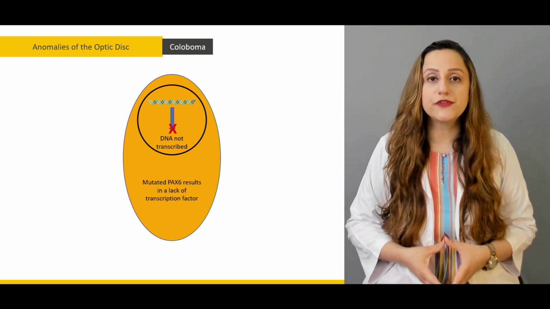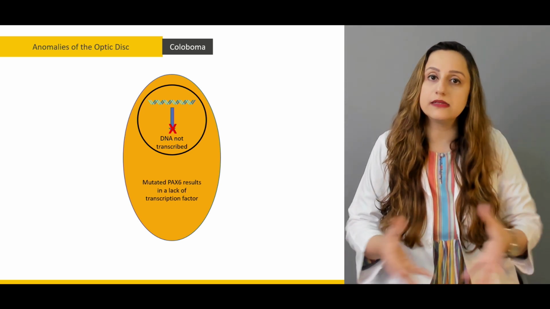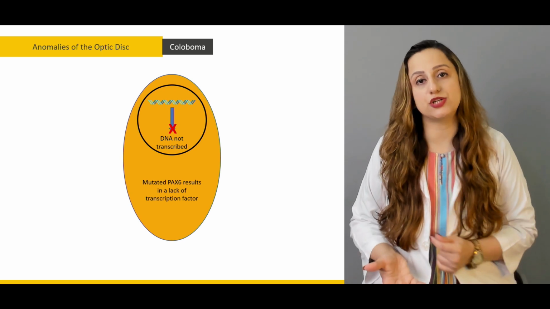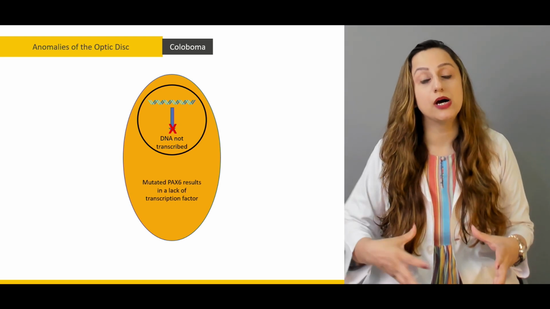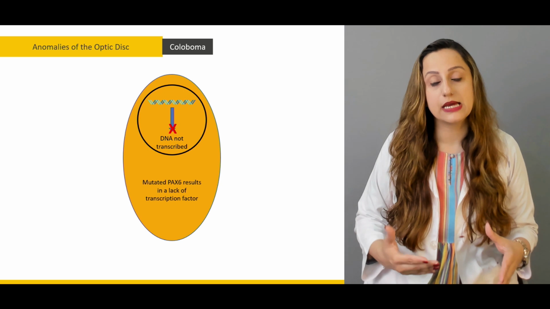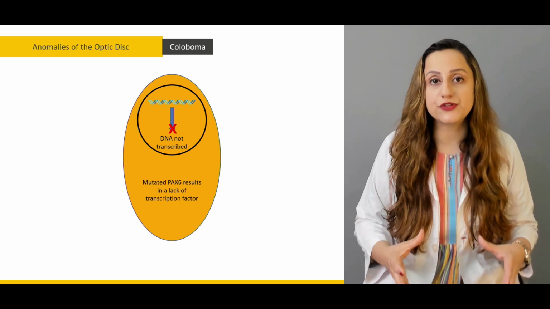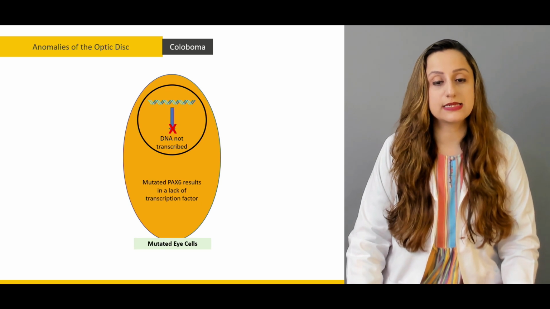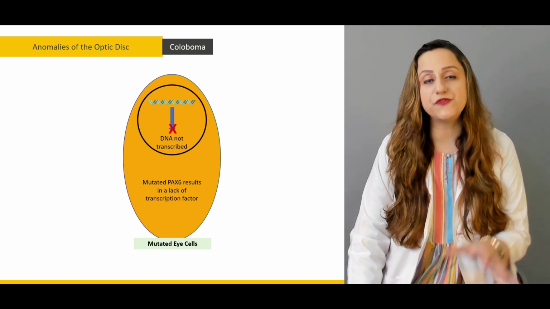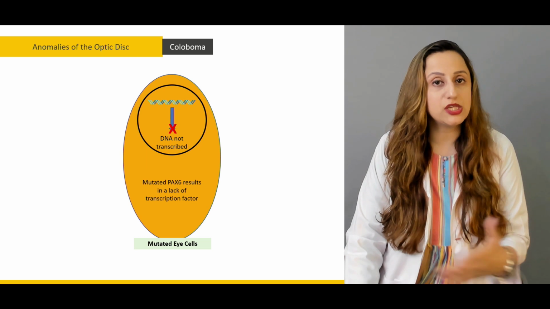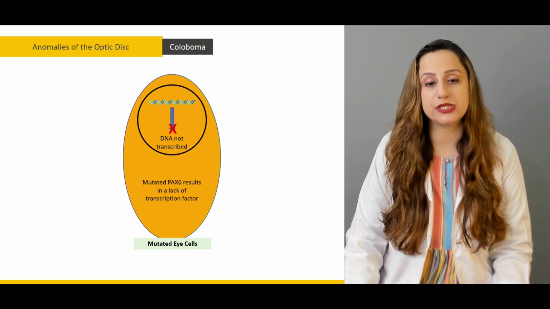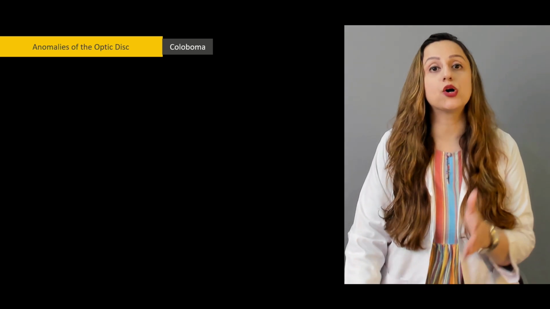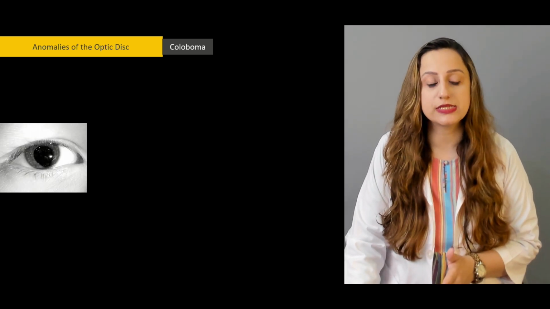So it can involve the optic disc, and the clinical manifestations of this particular coloboma occurring at the optic disc are going to severely interfere with vision in these individuals as well. This is a diagram giving you a review regarding the mutated eye cells that we talked about and that are going to result in a coloboma defect in newborns.